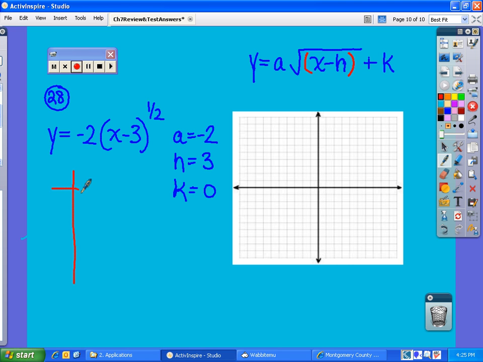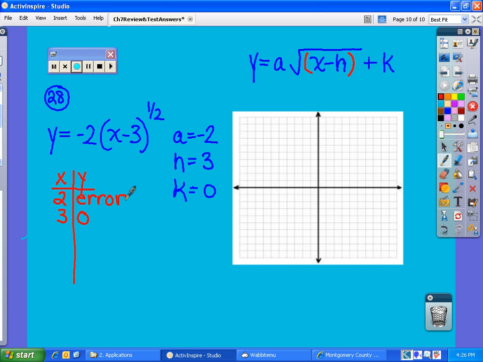Let's try to get a data table, and let's go ahead and graph. Notice that our endpoint is going to be at h, k, so at 3, 0. Less than 3, for instance, a value of 2, is going to give us an error in our calculator because 2 minus 3 would be -1, and we can't take the square root of a negative.